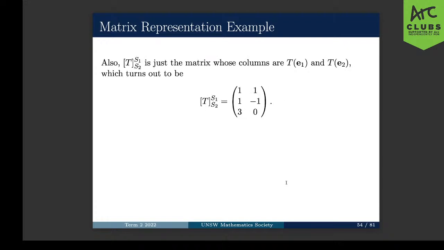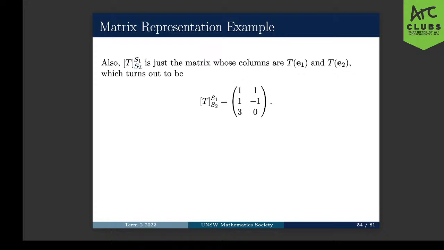Also, to find the middle one in the multiplication, this is again applying our strategy before, the simpler non-alternative strategy. We take each basis vector in S1, which is just E1 and E2, the (1,0) and (0,1). We apply T to it and convert it so that it's with respect to S2.